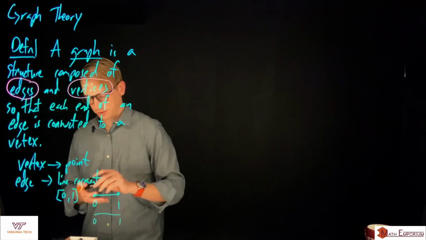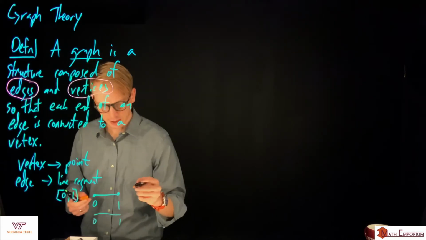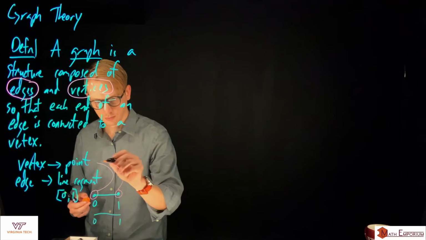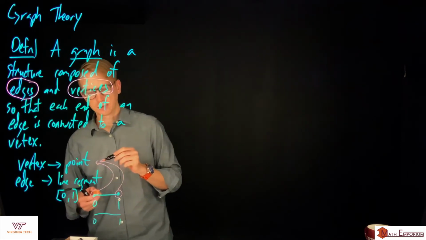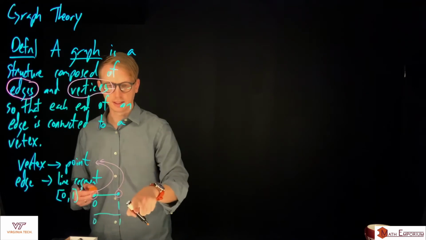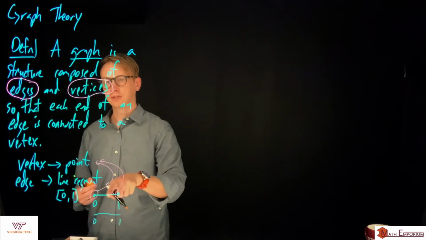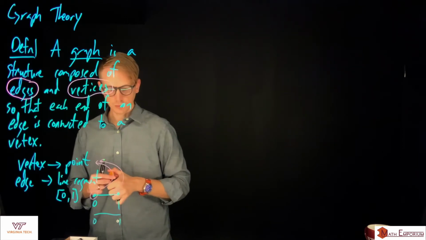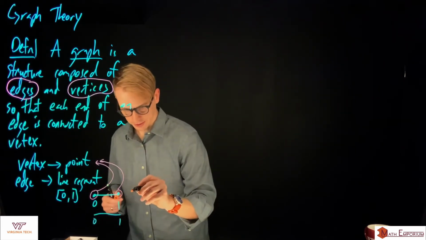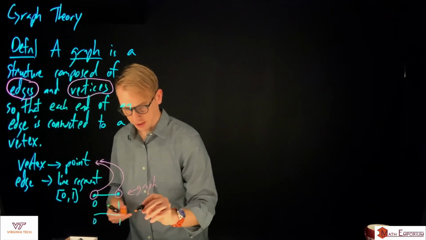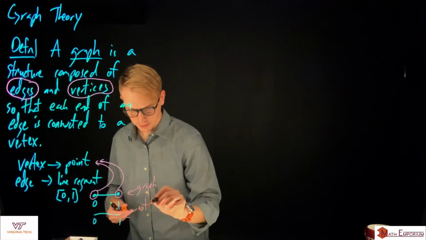So with this emphasis, I'm emphasizing that 0 and 1 are specified points. And this first thing is a graph. This second thing is not. This is an edge that does not have its ends attached to a vertex. Okay, so maybe I can note that. Right, this is a graph. A very simple example of a graph. This is not a graph.